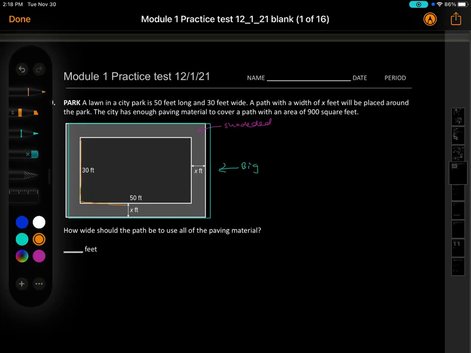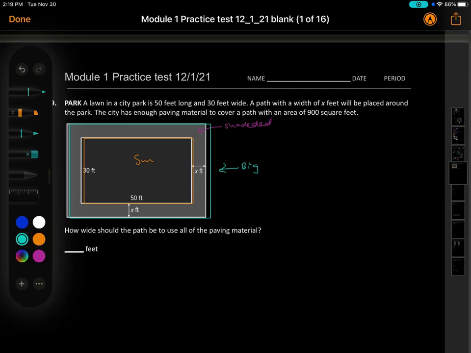This orange one in the middle, we're going to call small. So follow my, hopefully, conceptual: big is equal to the small plus the shaded.